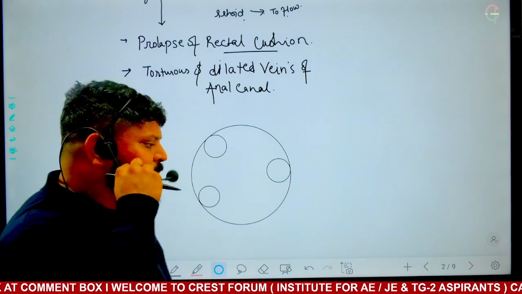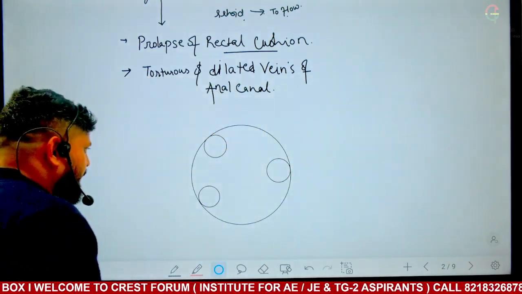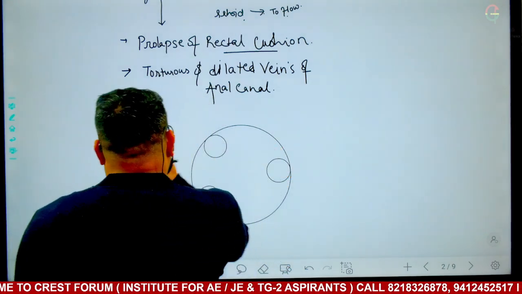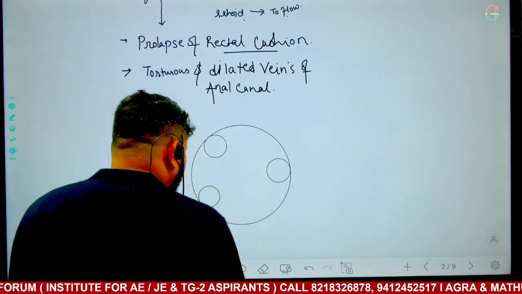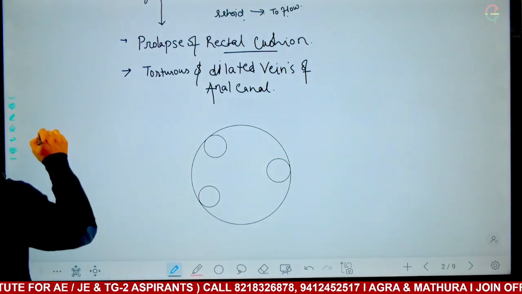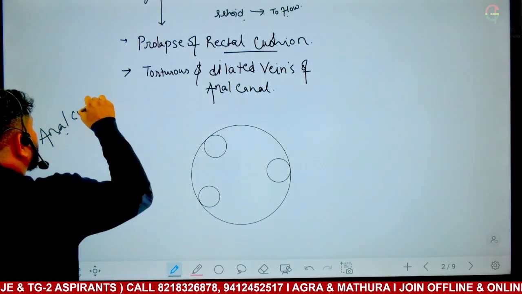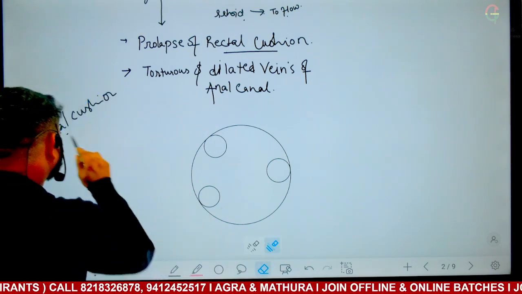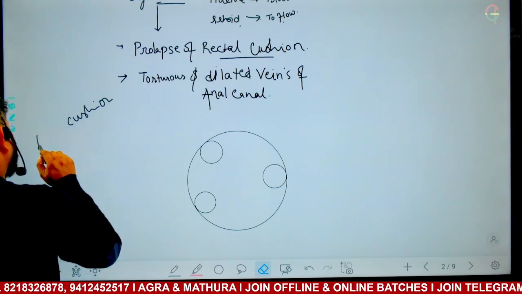The most prominent blood supply is around 3, 7, 11 o'clock of the anal canal, and it comprises the cushion. Why is it called a cushion? It is the anal cushion, or rectal cushion specifically.